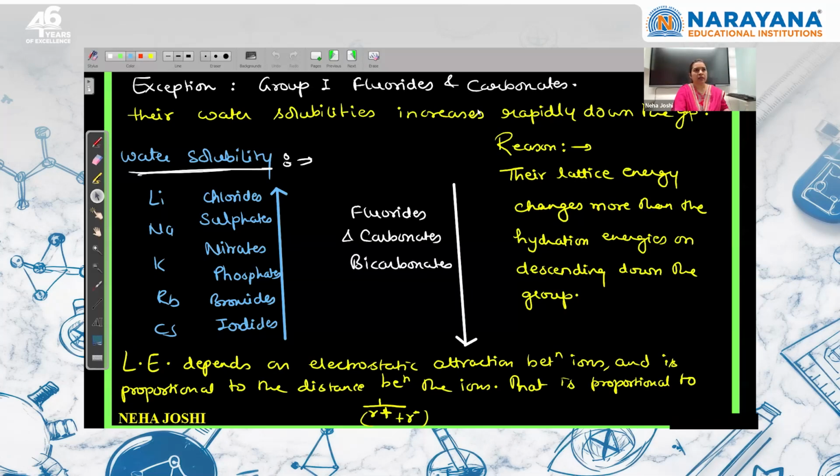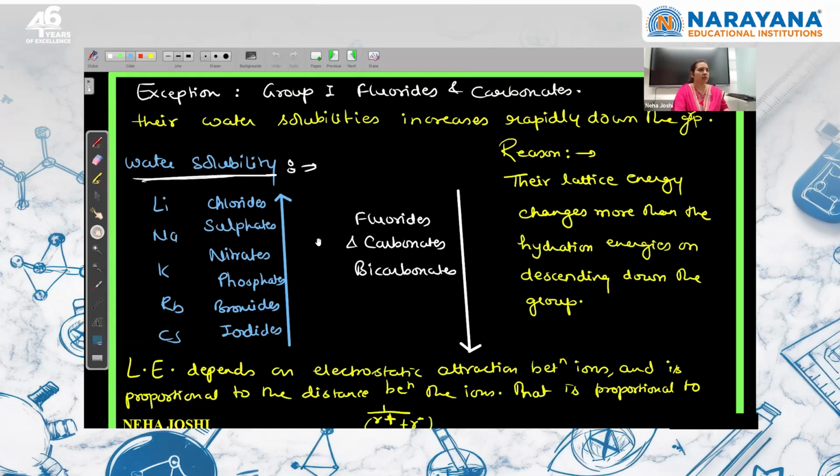So I had intentionally kept this page open, as yesterday this was the last point we closed.